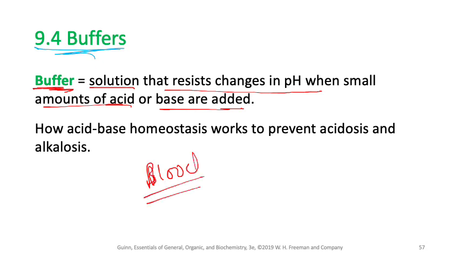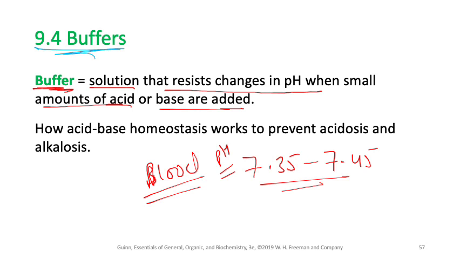The blood in our body has a pH range of 7.35 to 7.45, right? The pH value. But as we know, we normally eat food that may be acidic or basic in nature, right? So by eating the food, we might change the pH of the blood, but that doesn't happen regularly.